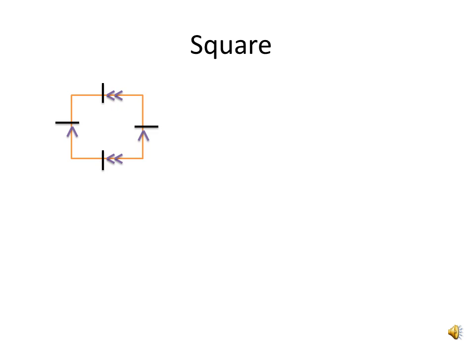Also notice that opposite sides are parallel. Notice on a square that all four angles measure 90 degrees. If all four angles are congruent, then opposite angles are also congruent.